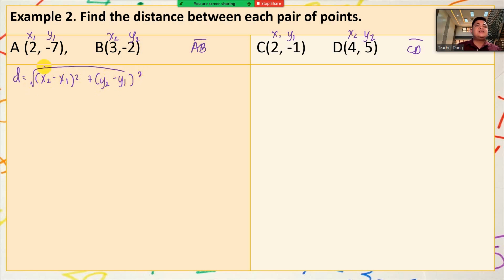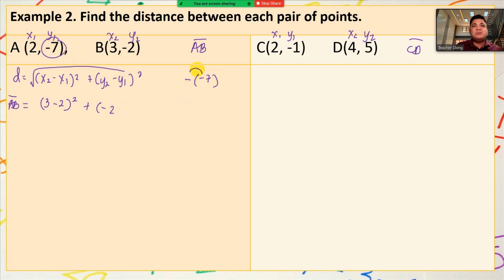So this will serve as your guide in solving. Okay, then let's have segment AB. For segment AB, substitute the values. Your x sub 2 is 3 minus 2, which is your x sub 1, square, plus your y sub 2 is negative 2. Then, by the way, this is negative 7. How are you going to write? Negative times negative 7.